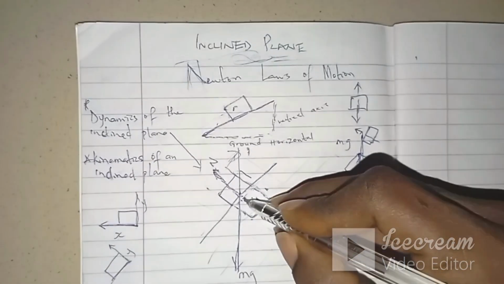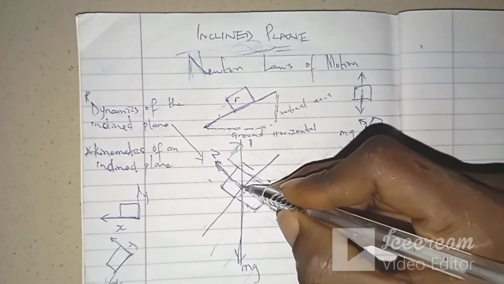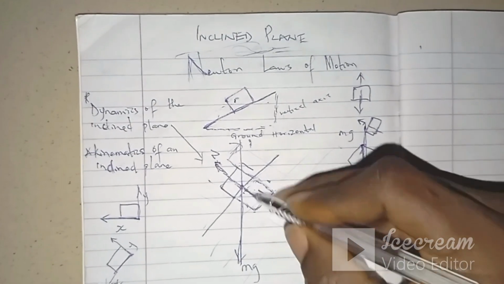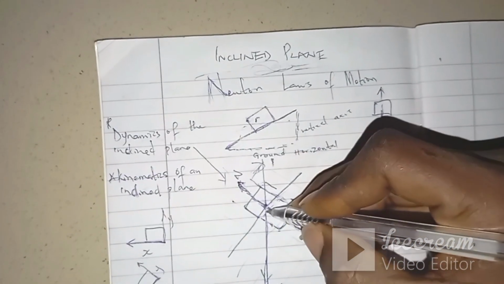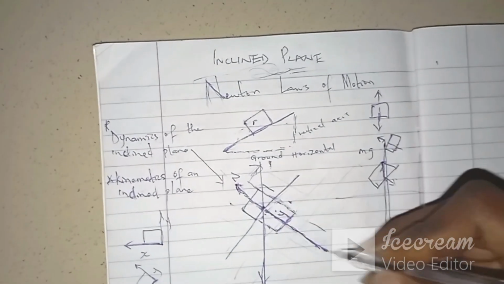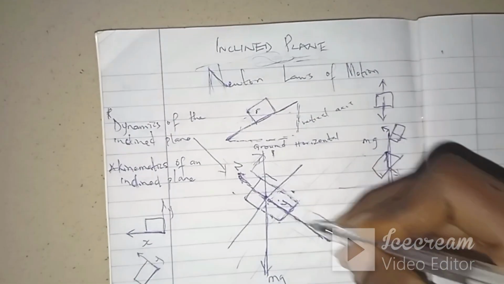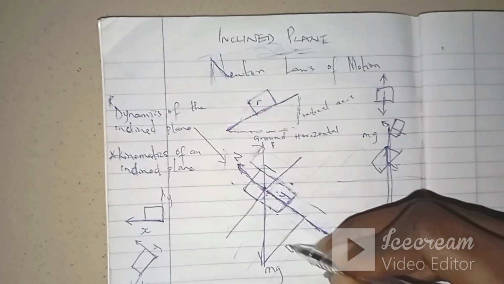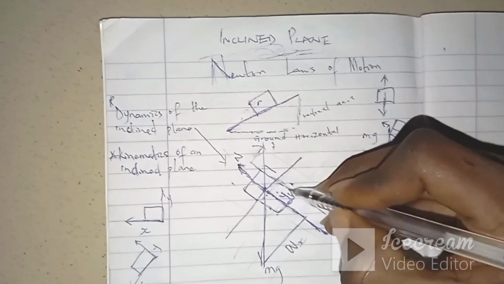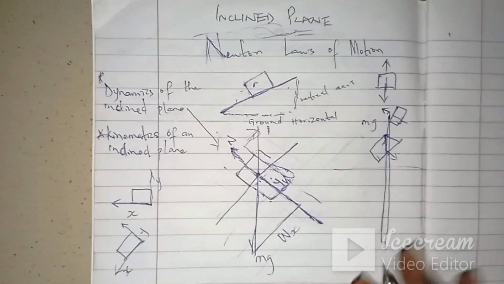So let's do it in such a way that we already have a center where everything is happening. The y-axis running down, that is the normal reaction up. There will be equal balance on it, and everything on this side is going to be countered this way. Let's say this is the x-axis. So this is the weight on the x-axis. This is the weight on the y-axis.